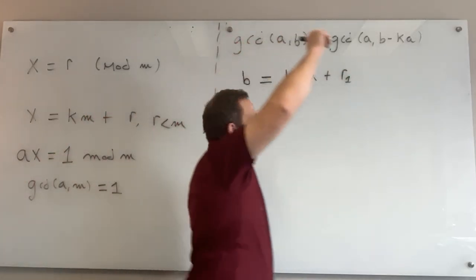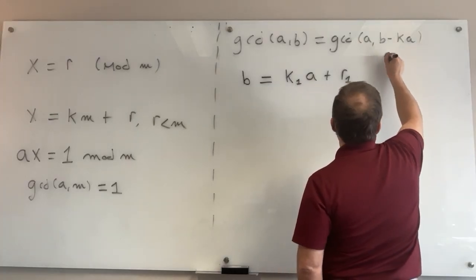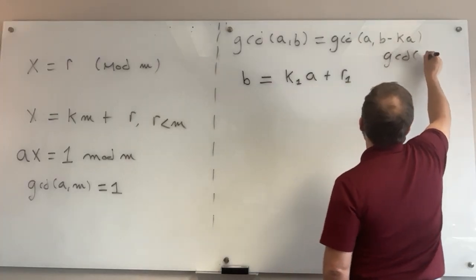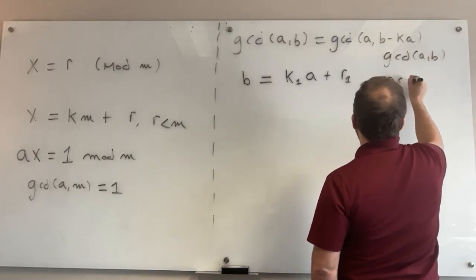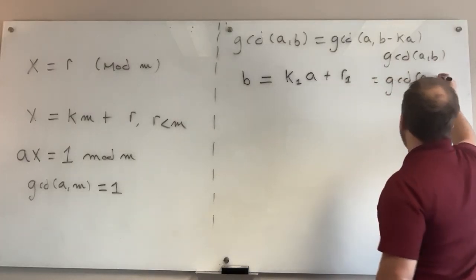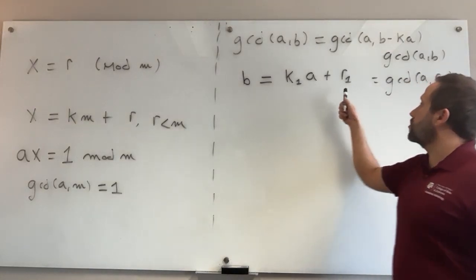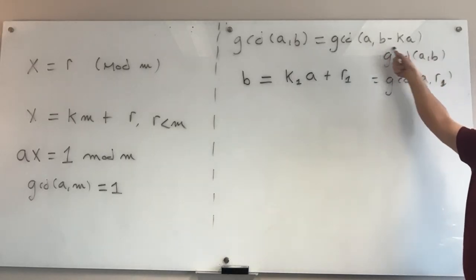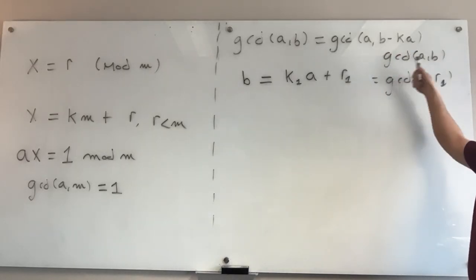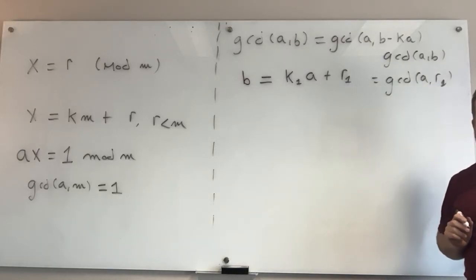And using this fact up here, the GCD of A and B is equal to the GCD of A and R1. That's just because R1 is equal to B minus K1 A, which is this exact thing here, except there's not a one subscript. So that's why the GCD of A and B is equal to the GCD of A and R1.